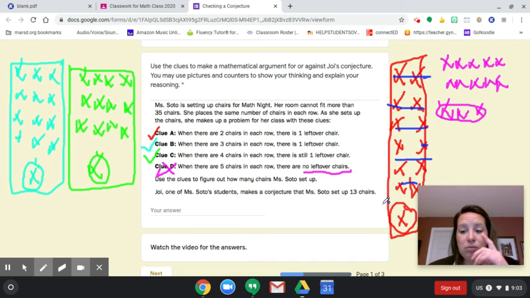So start thinking about multiples, start guessing and checking numbers. If there's always one chair left over, then you probably, hint, hint, will need to start with odd numbers. Okay, so start guessing and checking, and I am going to be really curious to see what your answers are. Put your answer in the box when you think you've got it, and then move on to the rest of the skills in the form. Have fun.